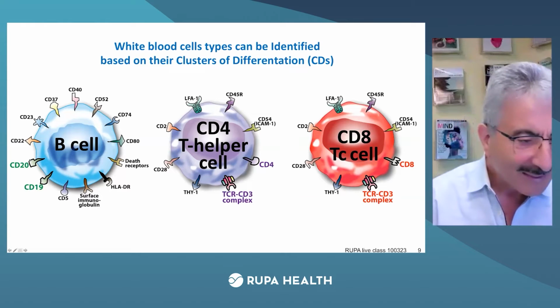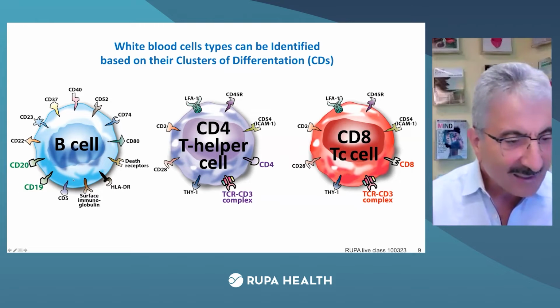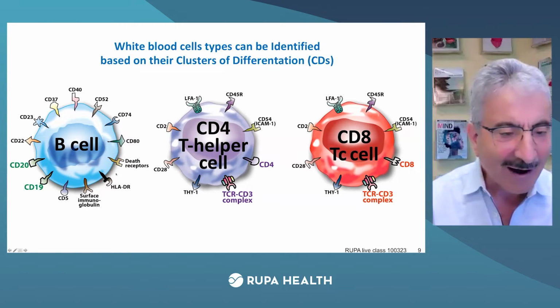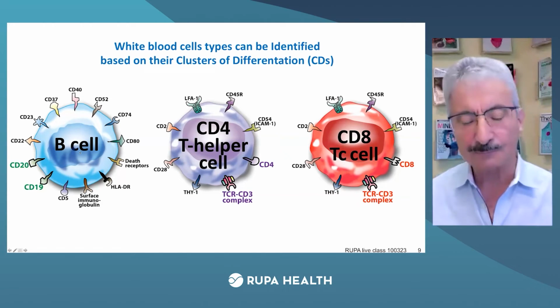For example, CD19 and CD20 are highly specific to B cells. The other surface markers are general surface markers. They are not specific to B cells.